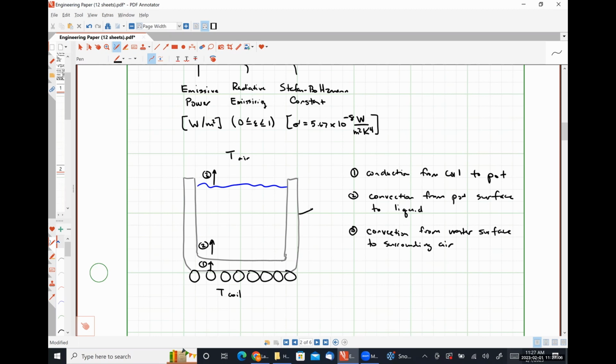We also have convection from hot surface to the surrounding air.